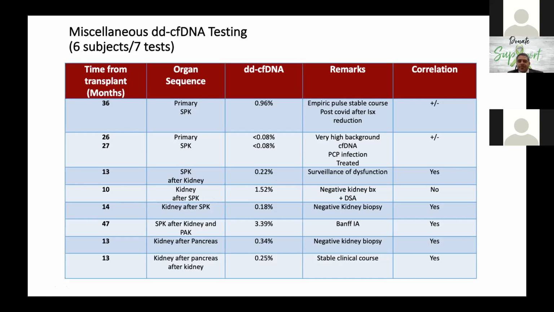Whether this can be coming from the old organs, or why the test was relatively high, it's kind of hard to say, but the test was positive and the biopsy was negative. So this gets into the performance of the test. However, there are cases where it's positive and correlates with the biopsy.